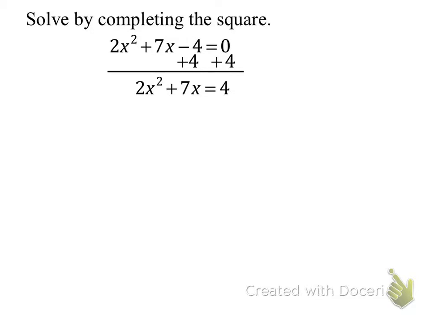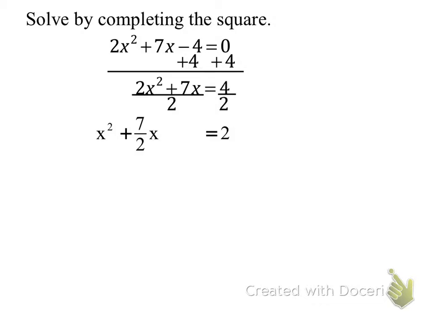So divide all terms by 2. It doesn't matter if you divide by 2 first and then make space, or make space and then divide by 2. So 2x squared divided by 2 is x squared. 7x divided by 2 is still 7 over 2 x. And the other one.